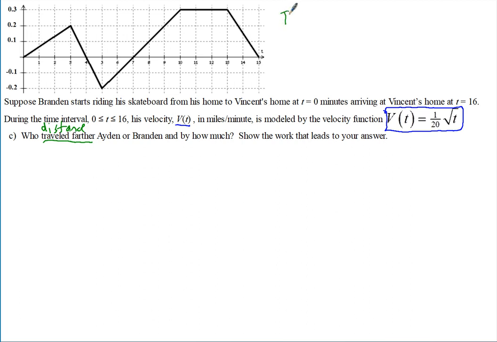So the total distance traveled on some interval from A to B equals, and here distance, remember, can never be negative.